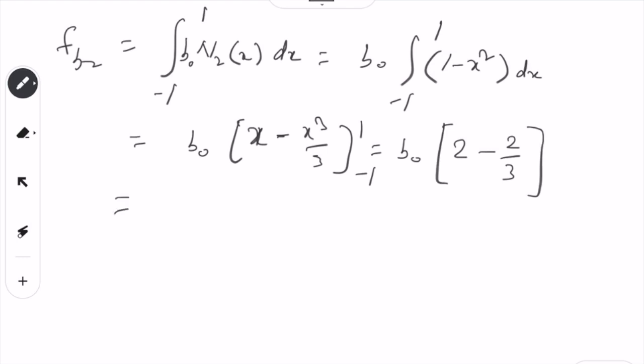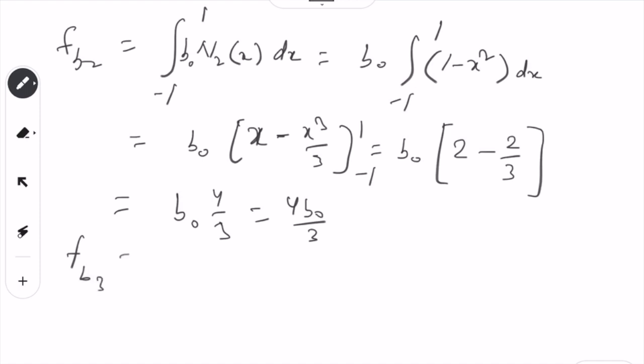So we have B naught 4 over 3, equal to 4 B naught over 3.